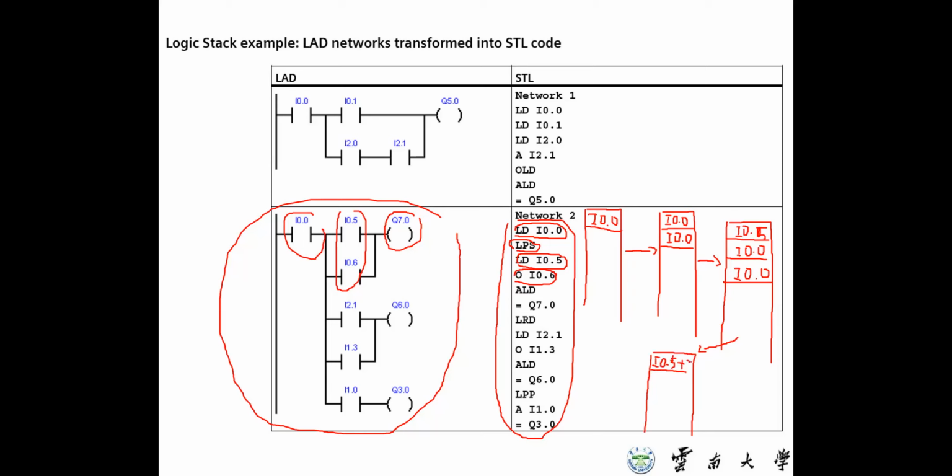Or plus I0.6, 0.6. Okay. And the second is I0.0, 0.0. And this is I0.0.